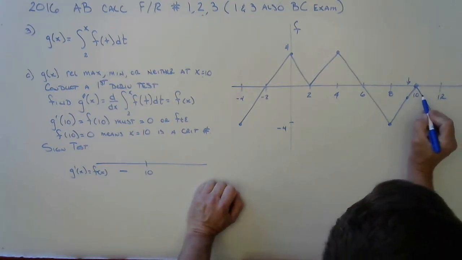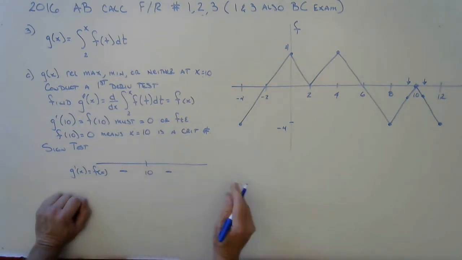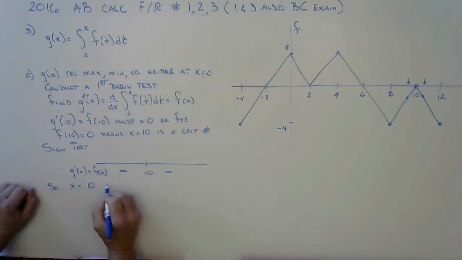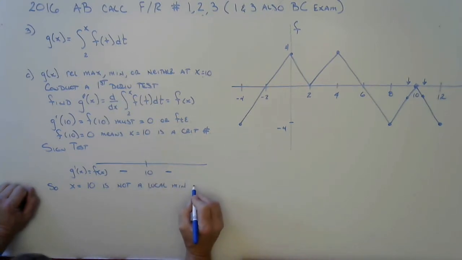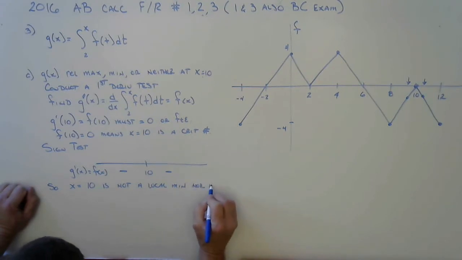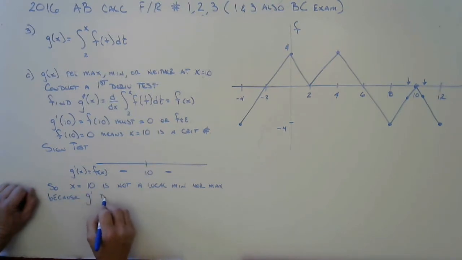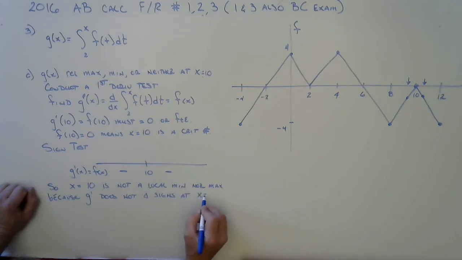What about on this side? Well, on this side, I'm also negative for my other test point, so I get negative to negative, so x equals 10 is not a local min nor max because g prime does not change sign at x equals 10.